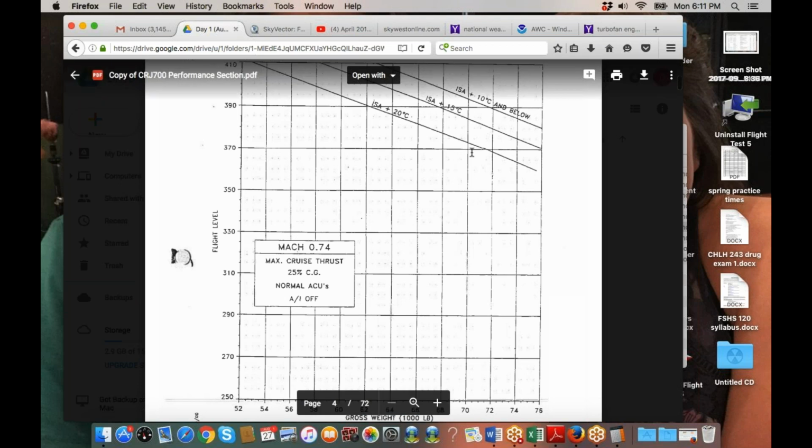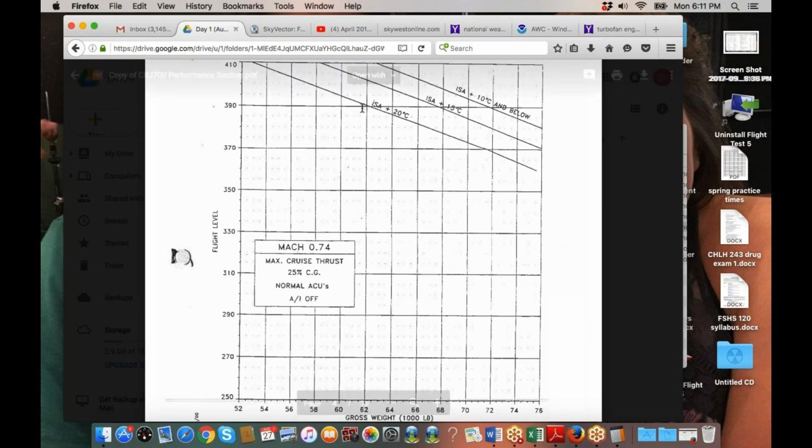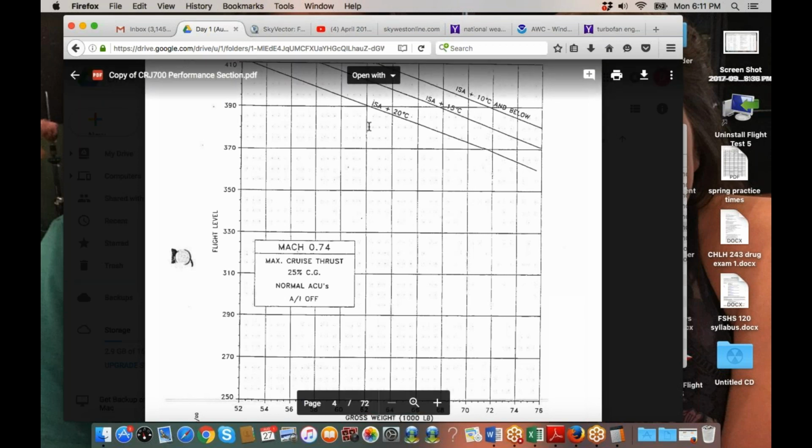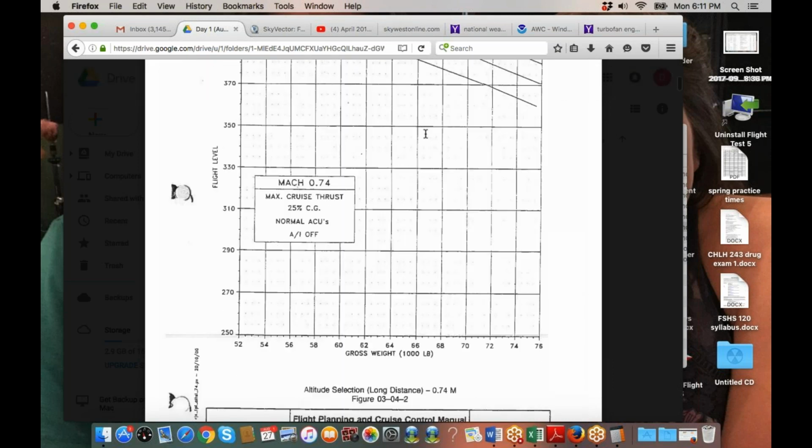So clearly, with this ISA, this is just showing if it's hot out, we're not going to be able to get up as high because there's not as much air up there. Plus, if it's hot, we're not going to be able to climb as well.